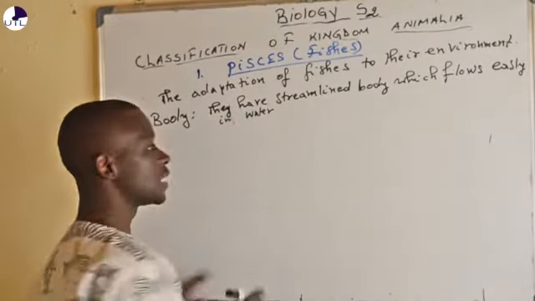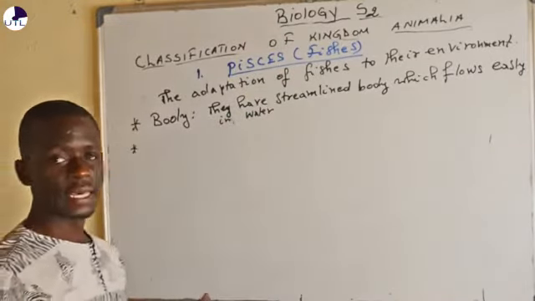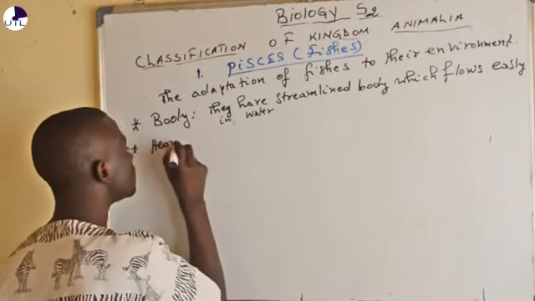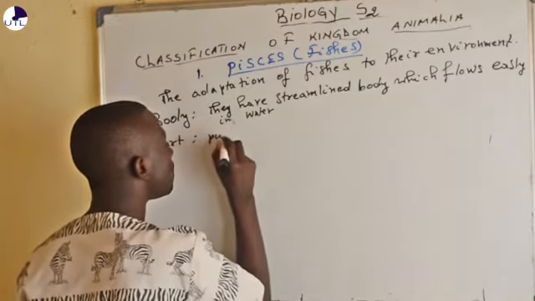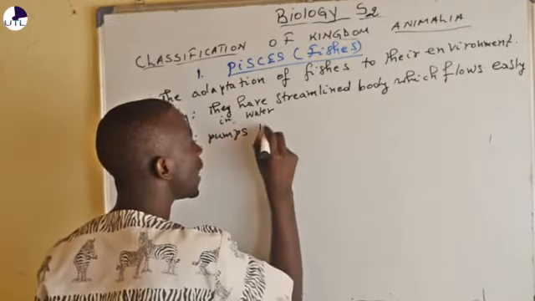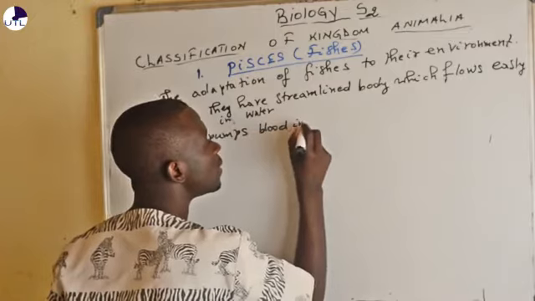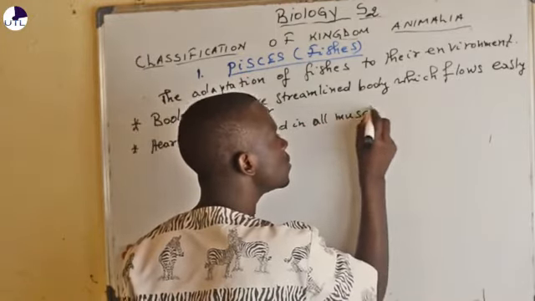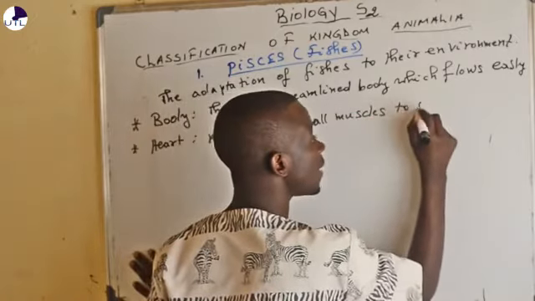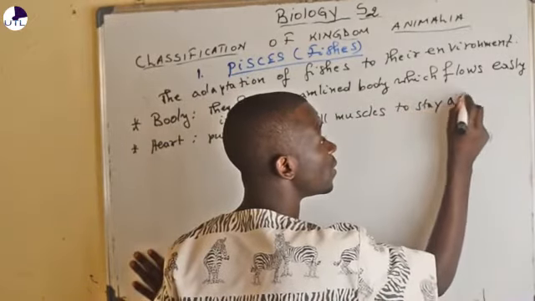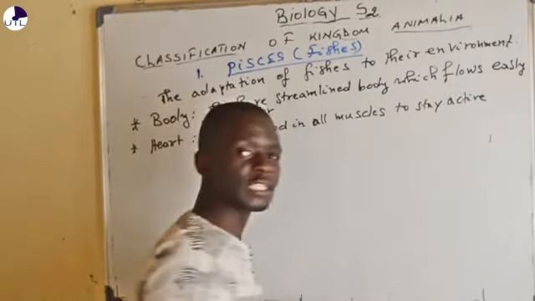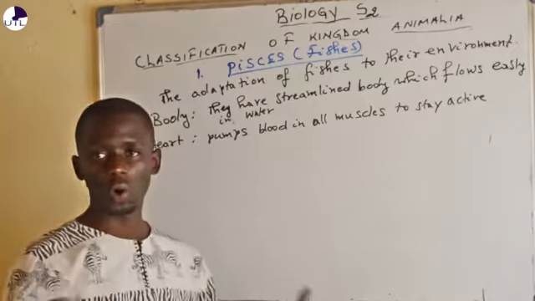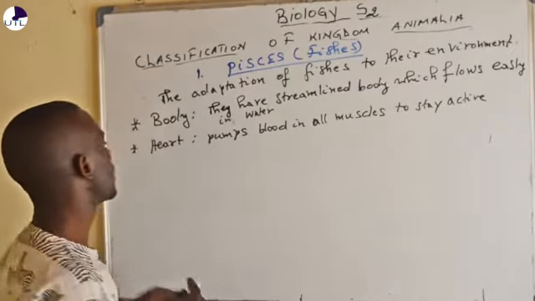The second adaptation of fishes is that their heart pumps the blood in all muscles to stay active. The fishes are almost always moving, so all their muscles need energy.